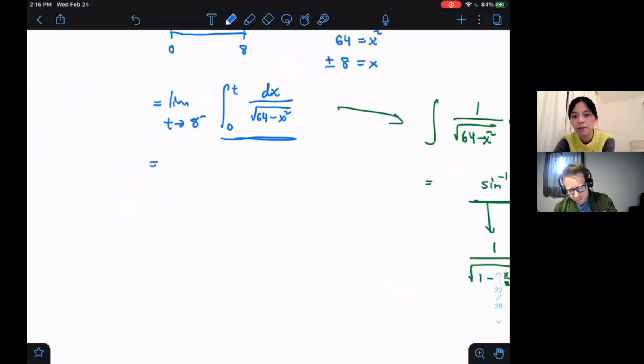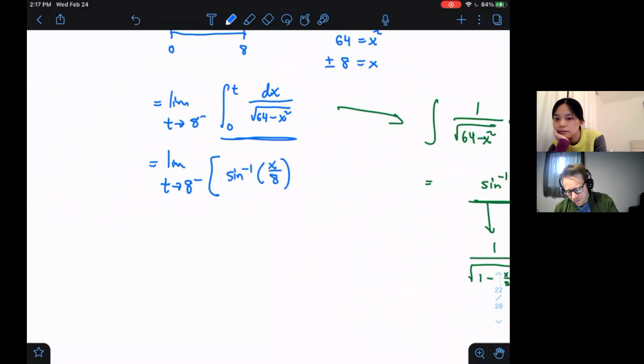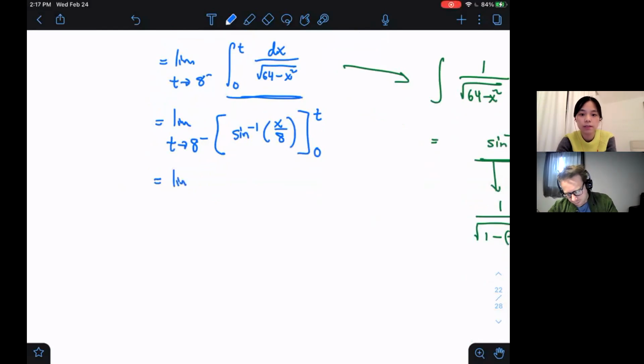So let's go ahead, and the limit as t approaches 8 from the left. And we now know what the antiderivative is. It's sine inverse of x over 8. And we need to evaluate this from 0 to t. So now let's plug in our limits of integration here. Oops, that's a sideways 8.